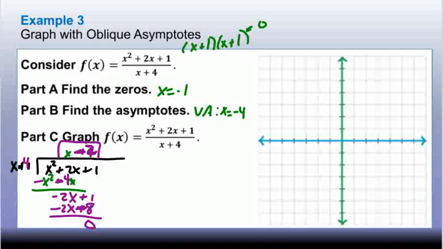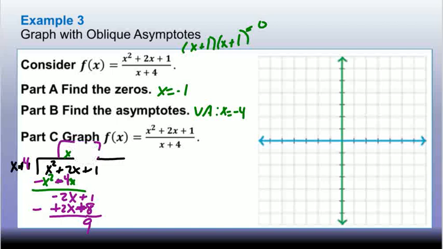Now when I subtract below, I'm really adding. So this will give us a 9, but I'm only referring to up here. So let me erase this so you can see that better. So this is x minus 2. So the x minus 2 is what I'm going to graph for my asymptote.